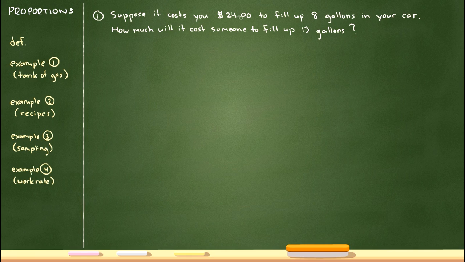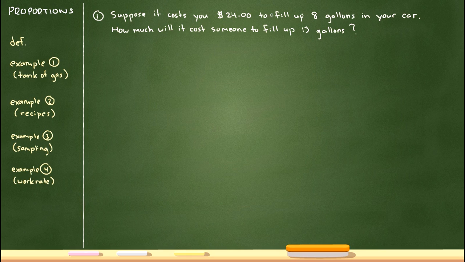So first of all, you may think, all right, if it costs you $24 to fill up 8 gallons, that's going to be $3 a gallon, right? So in order to fill up 13 gallons, we would expect that to cost $39. So we could have an answer in mind before we begin, but in order to set up the proportion, we want to do some comparisons here.